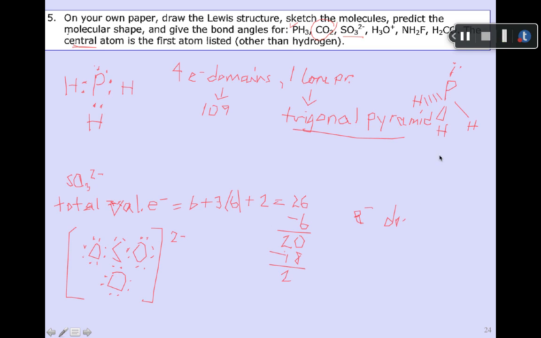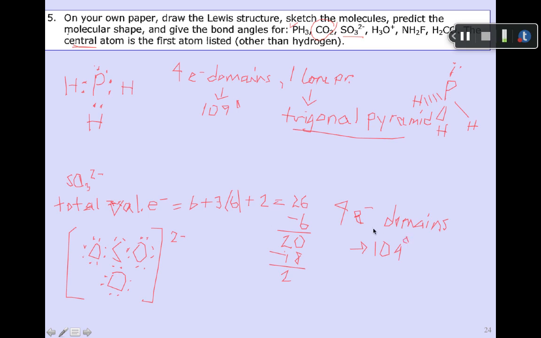If you've got 3 bonds and 1 lone pair, that makes a total of 4 electron domains. The number of electron domains tells us the bond angle should be approximately 109 degrees again. In other words, tetrahedral electron domain geometry.